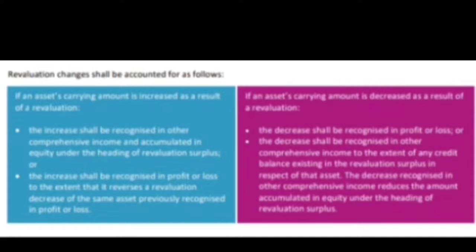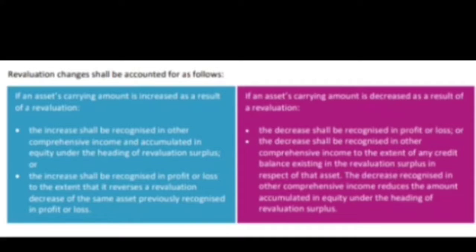For example, if the same asset was revalued downwards before, either you can record it as income in other comprehensive income, or you can reverse the same downward revaluation with the upward revaluation.